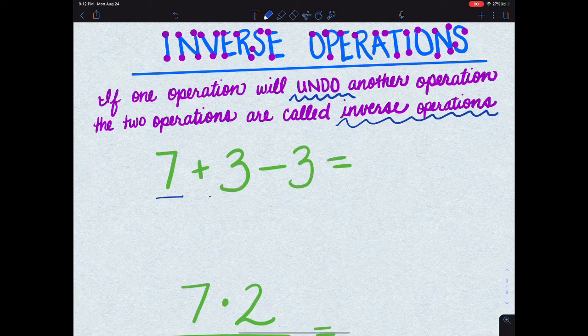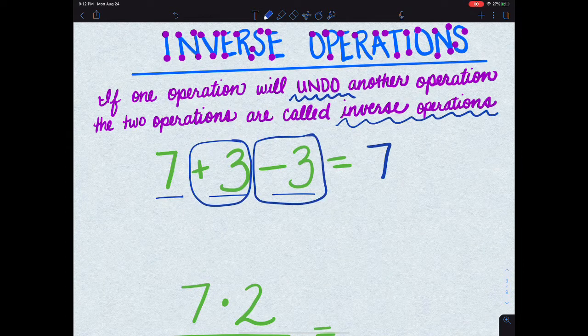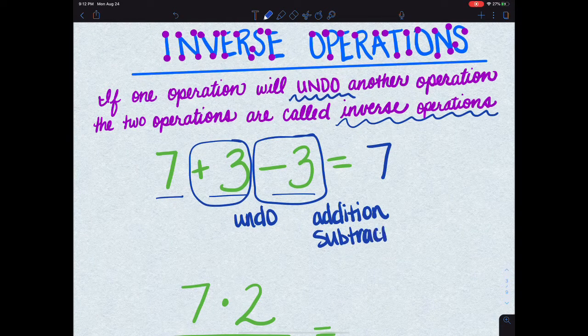7 plus 3 minus 3 is just going to be what? Well, it's going to be 7. Why? Because the plus 3 here and then the minus 3 cancel out. And because they undo each other, these are inverse operations. So addition and subtraction are inverse operations because they undo each other.